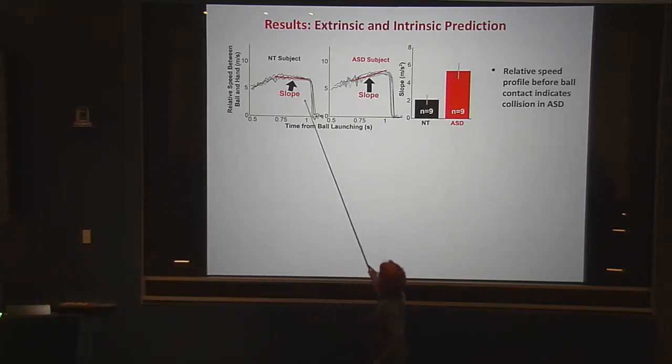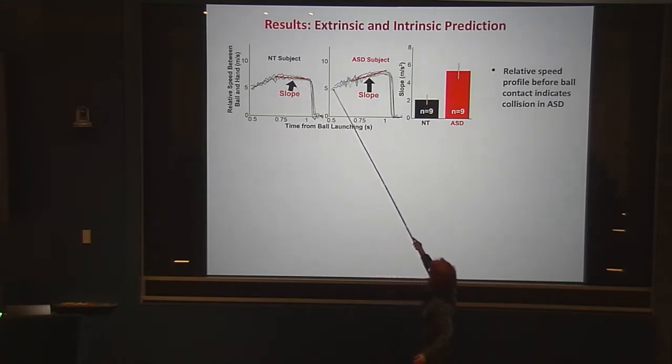For NT subjects this is a relatively constant slope, whereas here the approach velocity increases prior to catch, which is a good sign for a collision. The summary on the side shows that the slope is much higher in the red bar, ASD versus NT, so this exemplary data truly represents the population results.